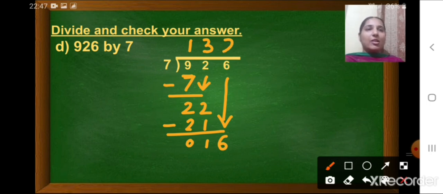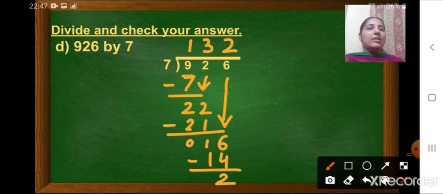Good. 7 2s are 14. Now I'll subtract. So what do we get? 2 here. Now we don't have any more digits in the dividend, and this divisor is more than the remainder, isn't it? So what is the quotient obtained here, children? Quotient is 132, whereas this 2 is the remainder here.